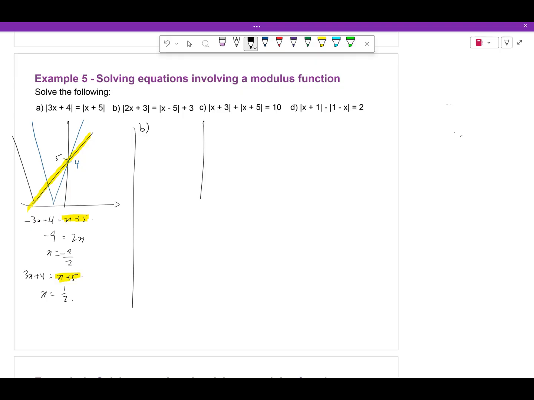So, for example, if I have a graph，如果是这一个的话，它是 2x plus 3嘛，所以应该是这个样子。然后另外一个是 x minus 5 plus 3。So it should be looking like that and that. 所以我们看到我们的部分是在哪里？Sorry, it should be that and that.